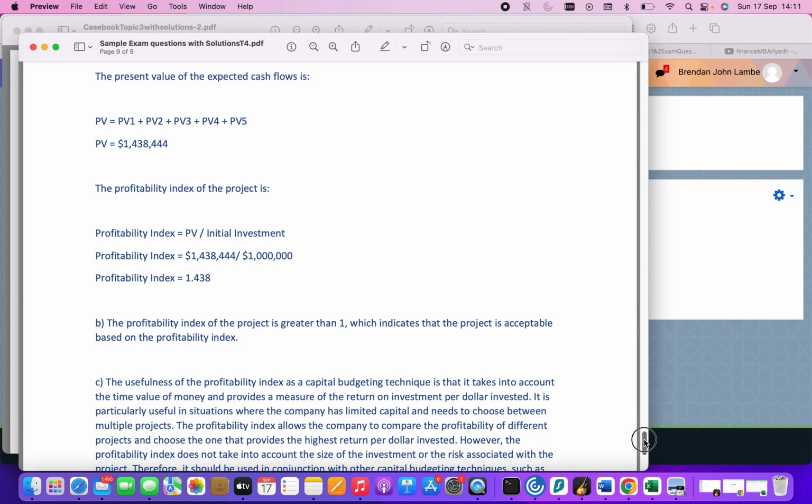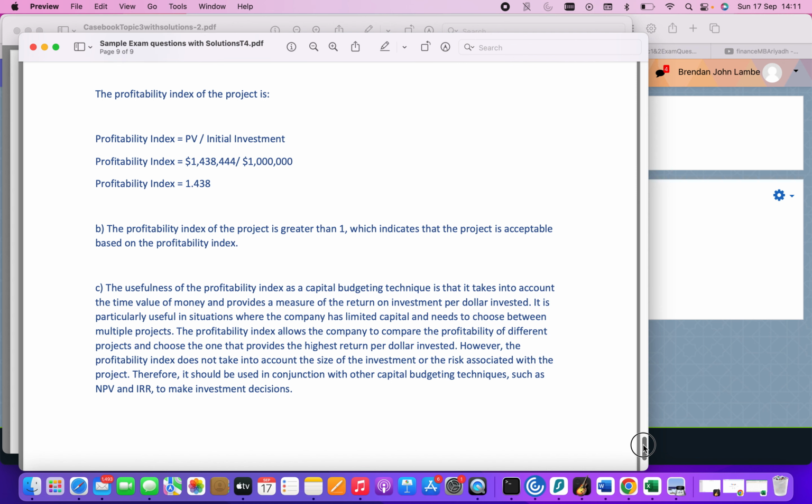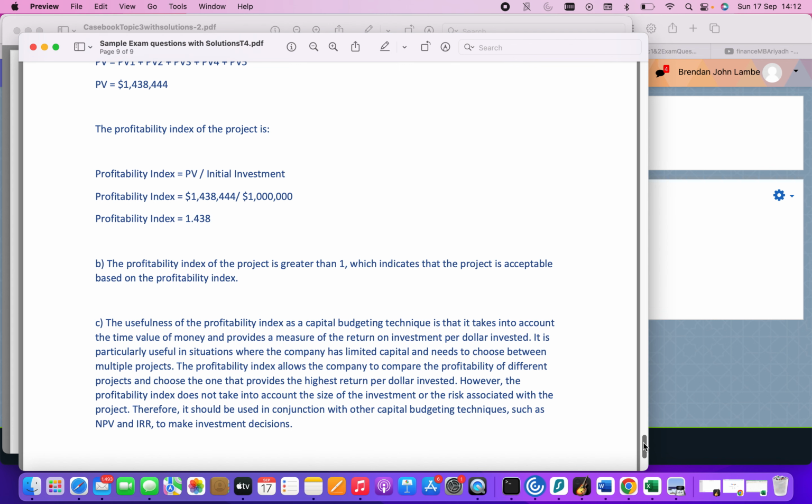And how is it useful? It takes into account the time value of money and gives us a measure of return per dollar invested. So for every dollar invested, we get $1.43 in return. So it's understandable that way.